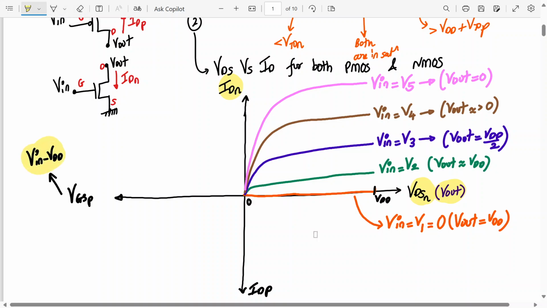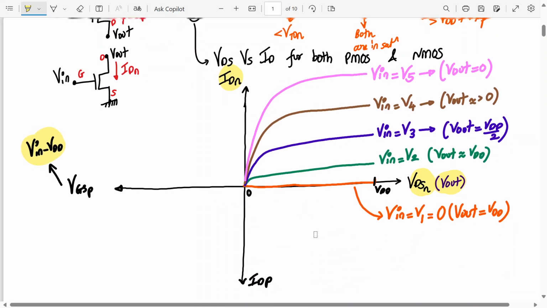Now tell me what will be the first graph. Where will V in equal to 0 be? Where will V in equal to V1 be? Will it come on the x-axis or at a maximum curve? Where will I plot V in equal to V1? See, V in equal to V1 means V1 is almost 0.